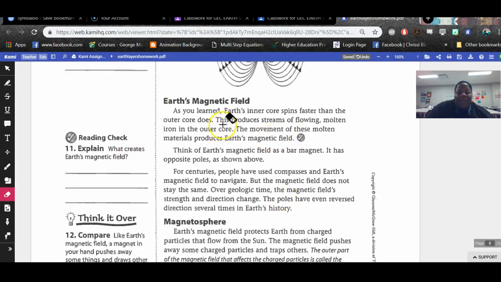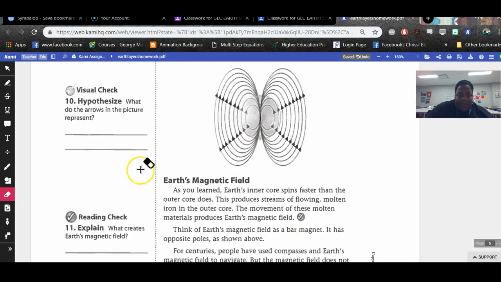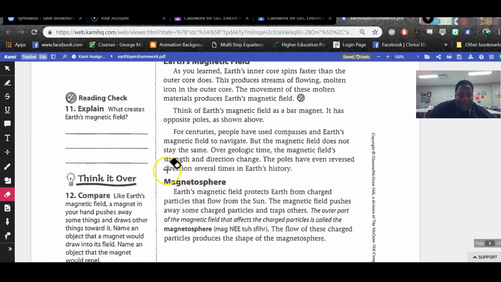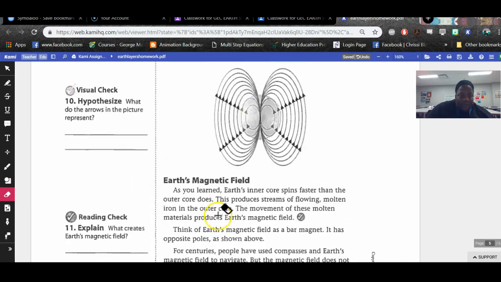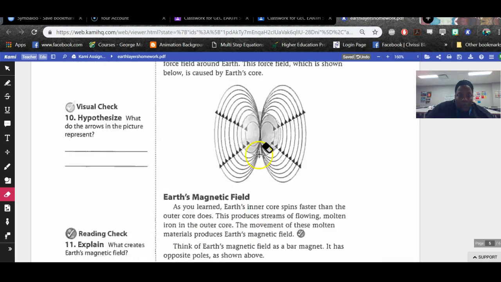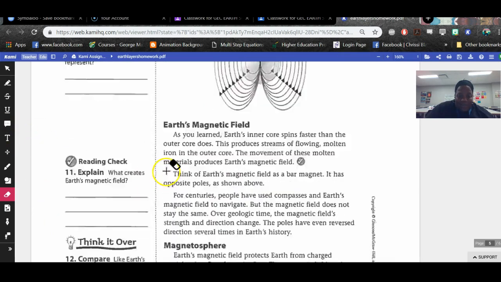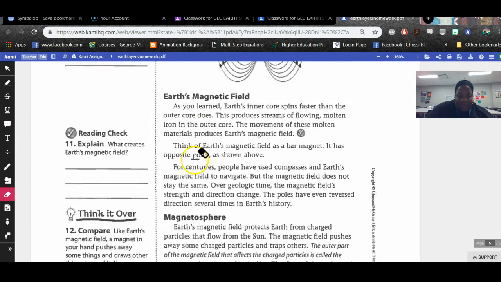The movement of the materials produces Earth's magnetic field. So magnetic field here, or force field, same. I think they kind of want to separate them because it's the same thing if you ask me.